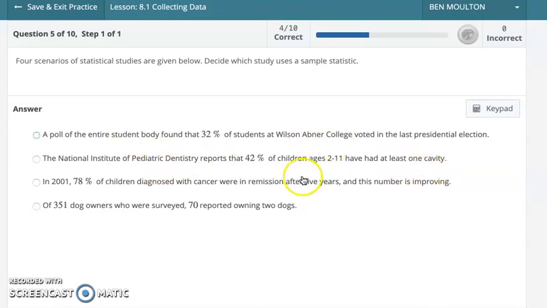There's not an actual study done. That's more of a population parameter as well. And the next one, 78% of children diagnosed with cancer are in remission after 5 years. Number is improving. Again, they don't give us an actual number. Now, this last one, of 351 dog owners who were surveyed, 70 of them reported owning dogs. That is our guy. I'm sure of it.